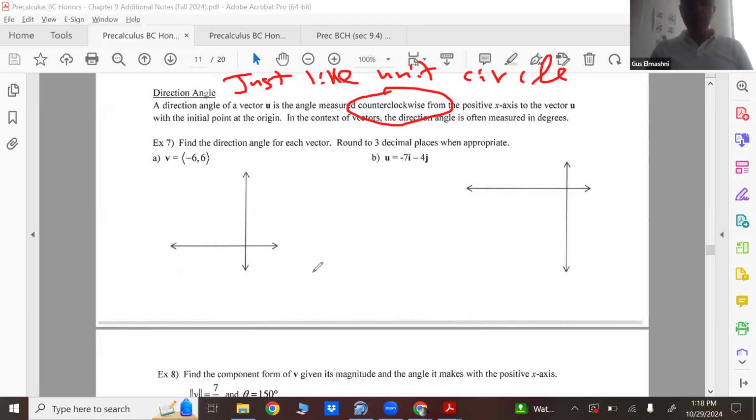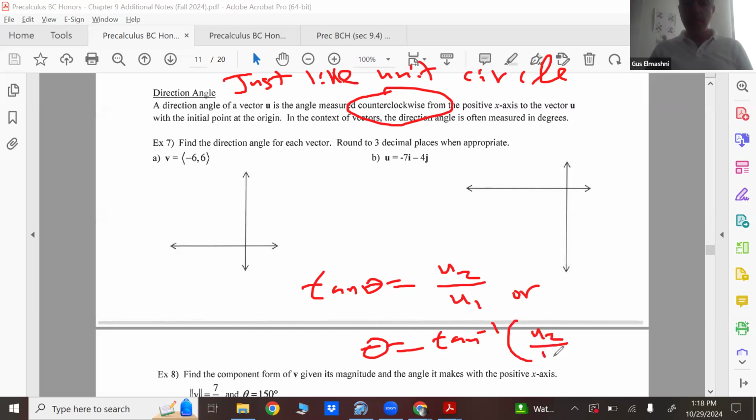Now, I can tell you right now, you can do tangent theta equals u2 over u1. So in this case, negative 6, 1, 2, 3, 4, 5, 6, and 1, 2, 3, 4, 5, 6.